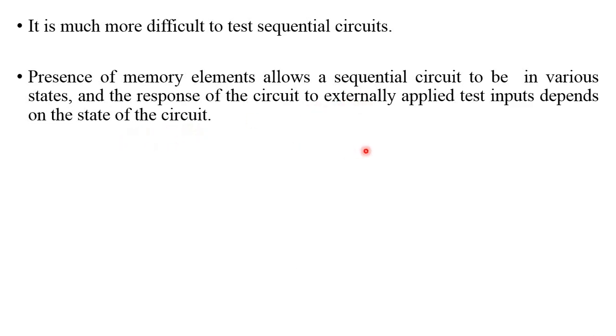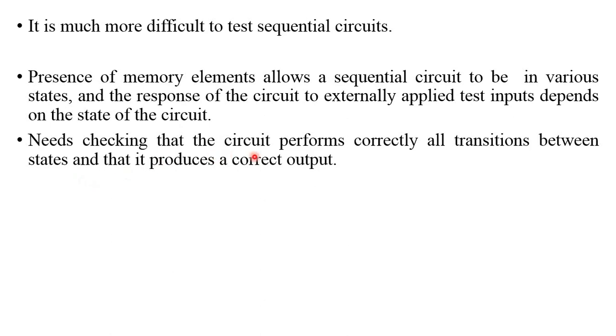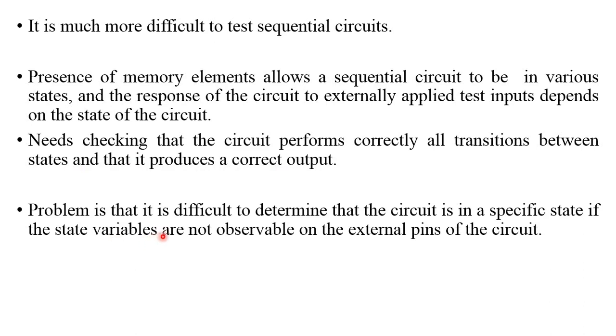States of the circuit means present state variables and next state variables. You need to check that the circuit performs correctly for all transitions between the states, that is, produces the correct output. The problem is too difficult to determine whether the circuit is in a specific state if the state variables are not observable on the external pins of the circuit.